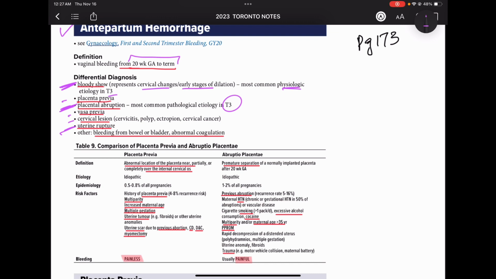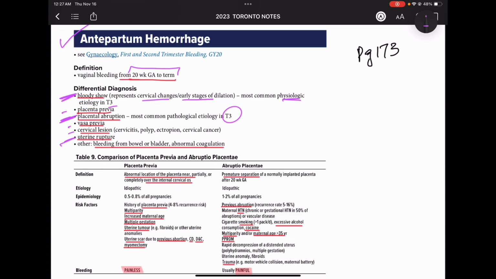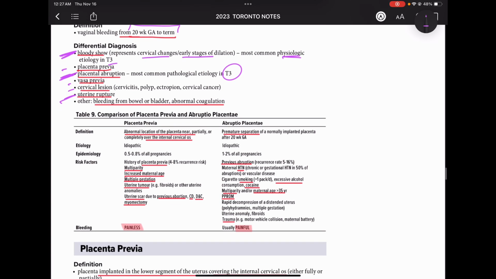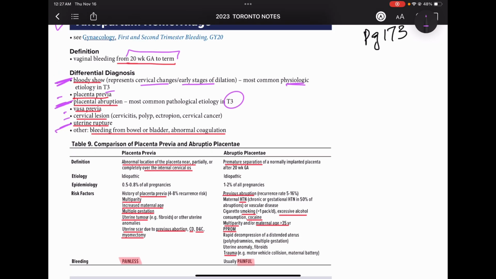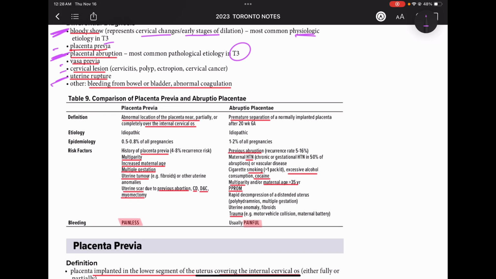All right. So for this, I'm going to explain this table, and then I'm going to move forward to the question in UWorld. So we have two things: placenta previa and abruptio placentae. What happens in placenta previa is the placenta is located abnormally in the uterus.